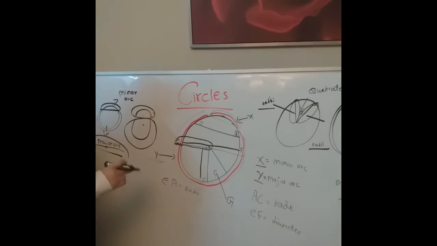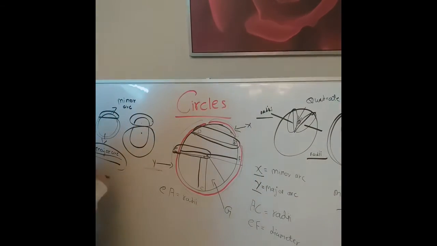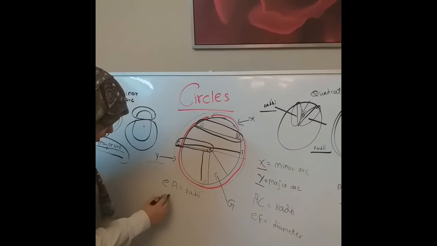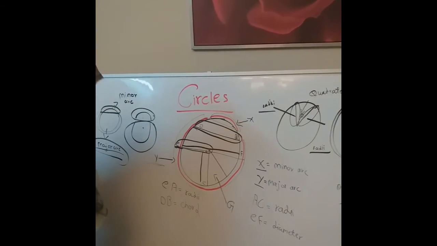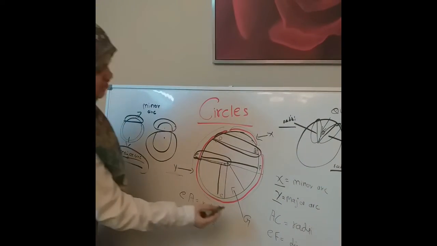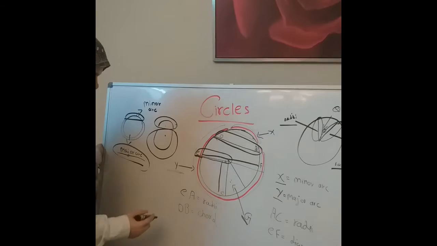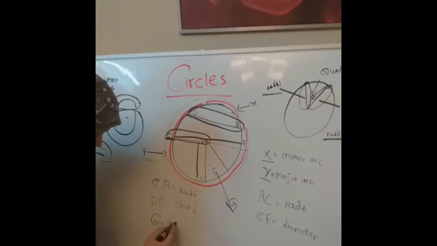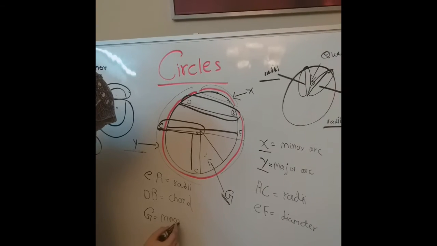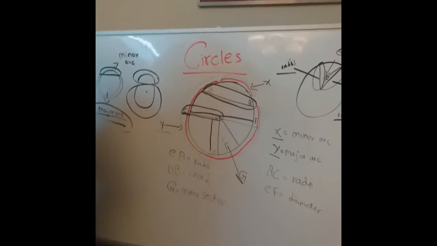Okay? After that, what? It is D to B. DB is a chord. Okay? What is G here? G is a minor sector. Okay?